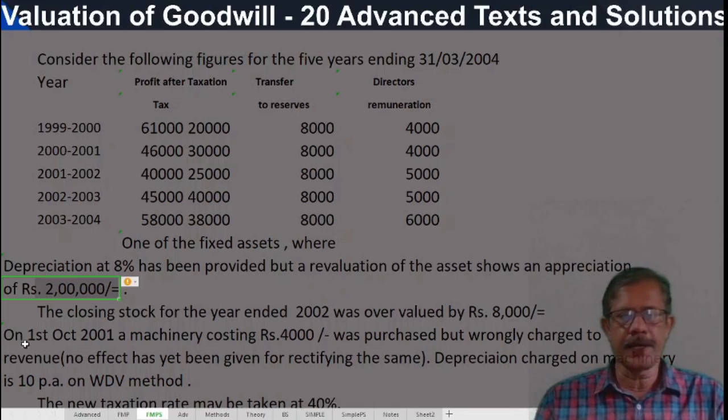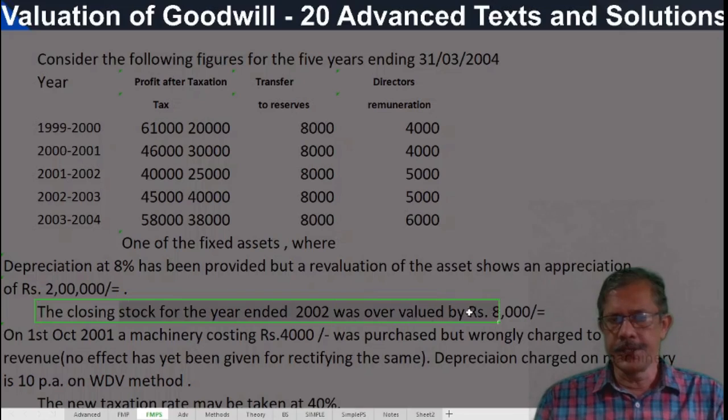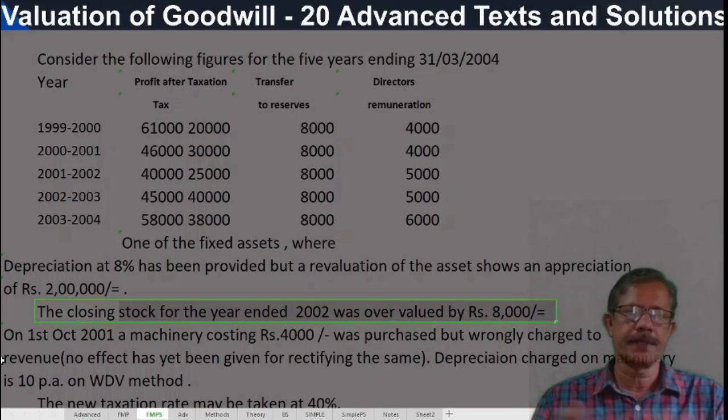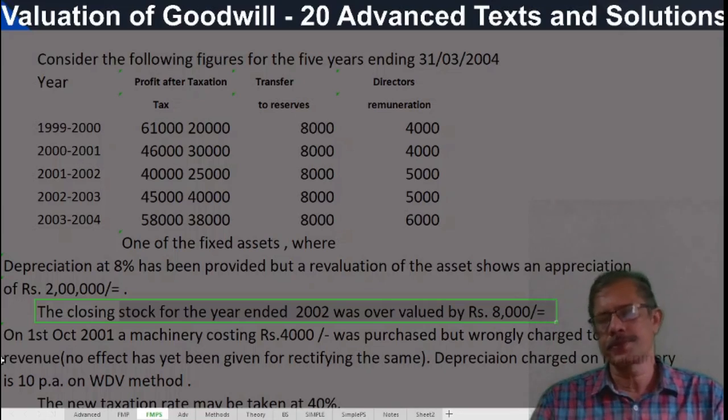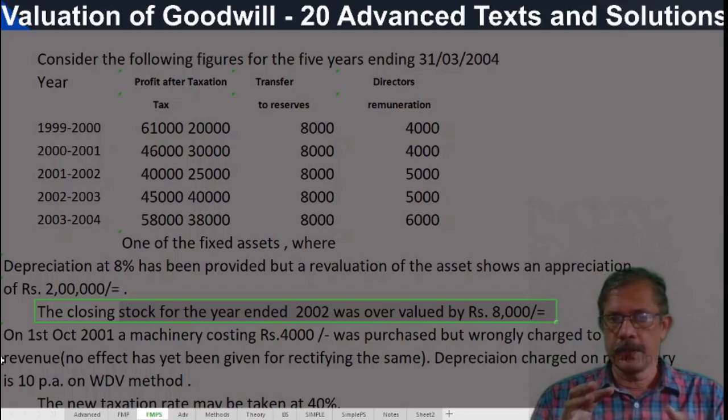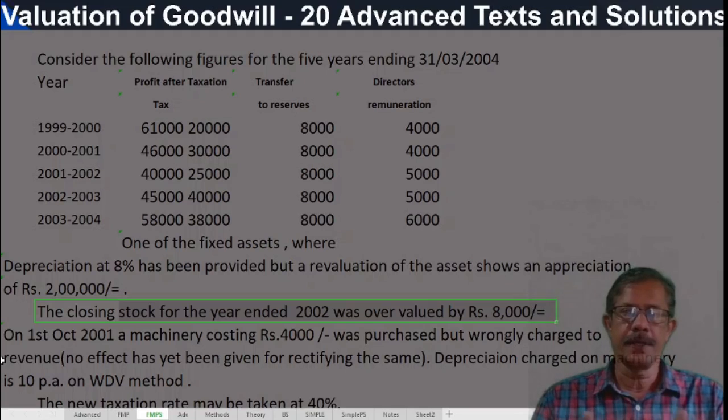If current assets are revalued, this information may arise. Closing stock is undervalued, overvalued, like that. A distinction should be made between capital items and revenue items. An accountant should always keep it in mind while calculating these expenditures. A distinction should be made between capital and revenue portion.